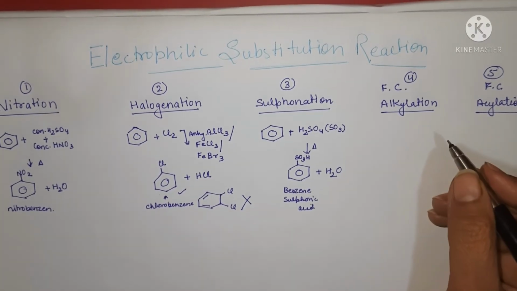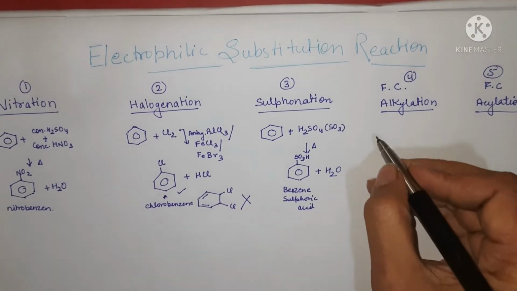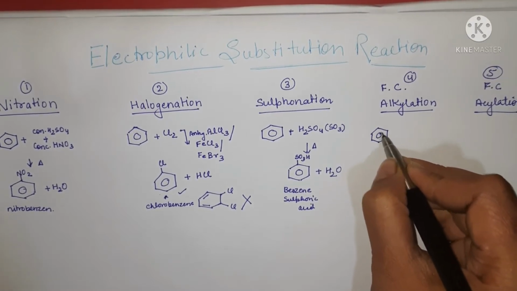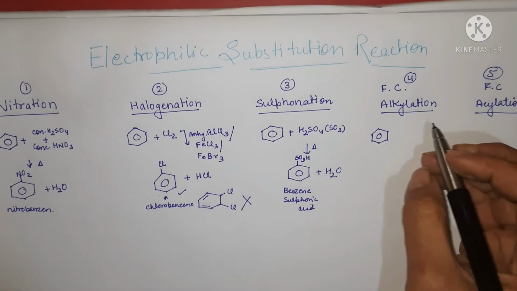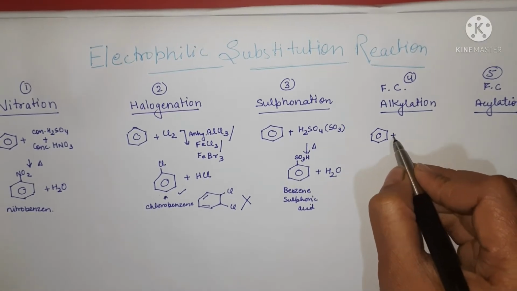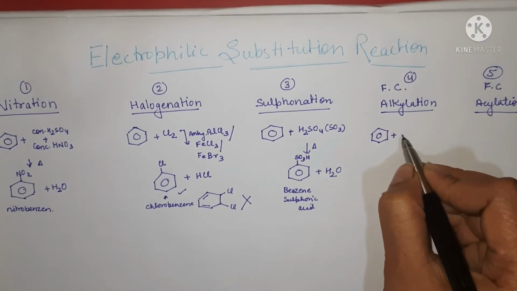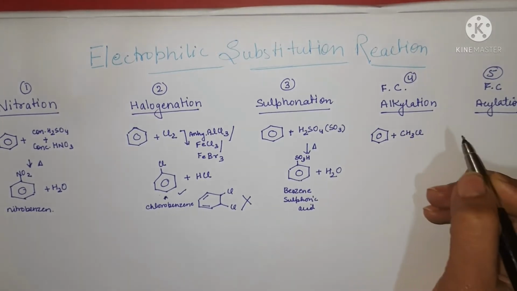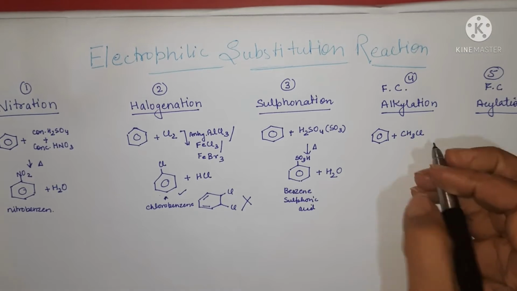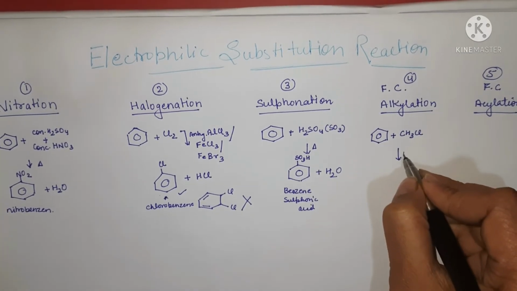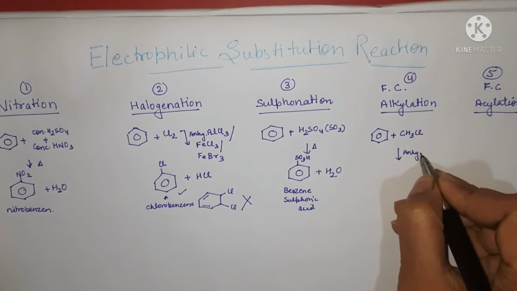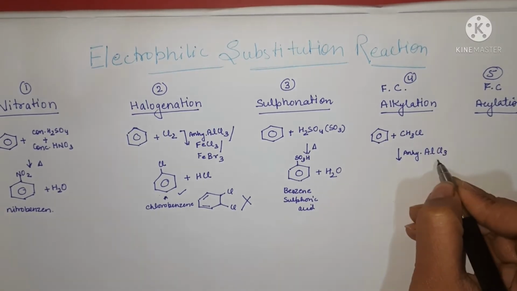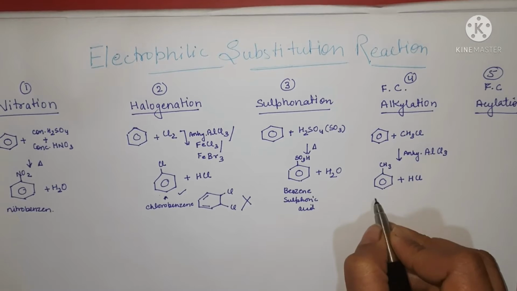All right. The alkylation reaction means if we want to add a methyl or ethyl group on the benzene, we have to react the benzene with a methyl chloride or any alkyl halide in the presence of anhydrous AlCl3, Lewis acid, giving HCl.